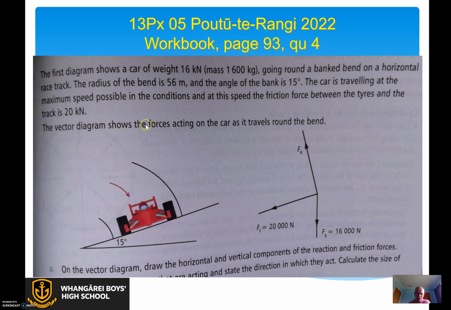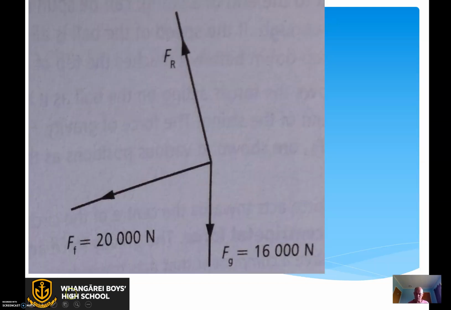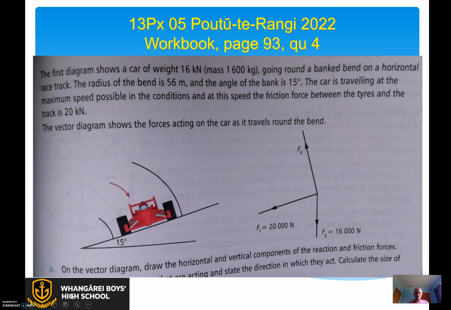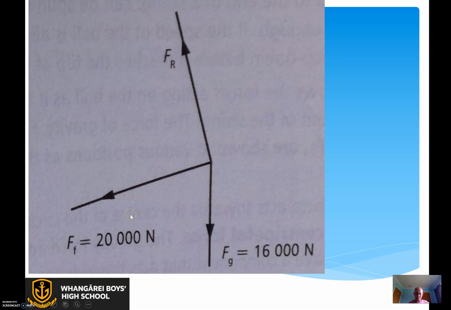The vector diagram shows the forces acting on the car as it travels around the bend, and we're asked to draw the horizontal and vertical components of the reaction and friction forces. So just moving ahead a little bit here, getting my little PowerPoint working at the same time. If I then can take this little chunk here and expand it, we've got this thing here.